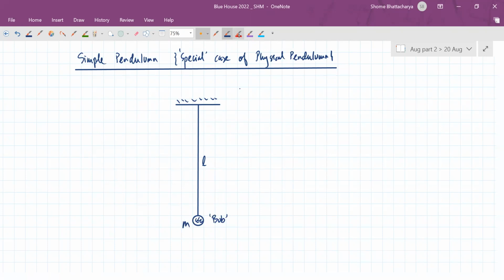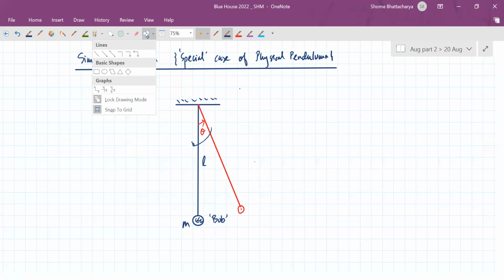So if it is given a small angular displacement with respect to this point of suspension, it tends to oscillate. There are two ways by which we can do this.